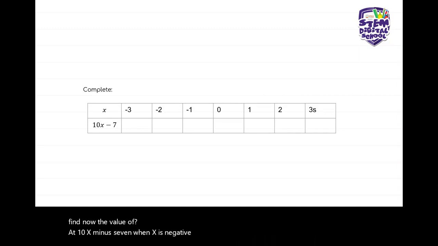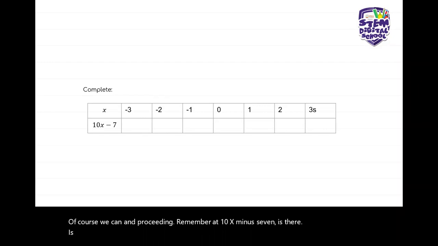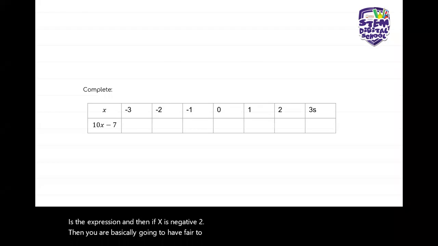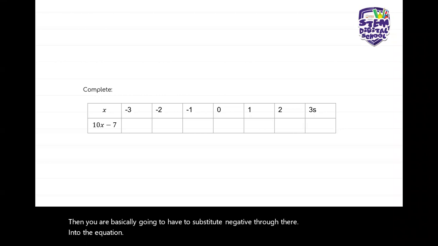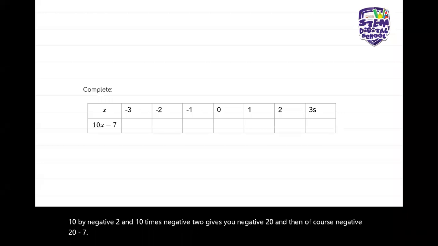Of course we can. And proceeding, remember that 10x minus 7 is the expression. And then if x is -2, then you are basically going to substitute -2 there into the equation. So it means you are now multiplying 10 by -2, and 10 times -2 gives you -20. And then of course, -20 minus 7 will give you -27.